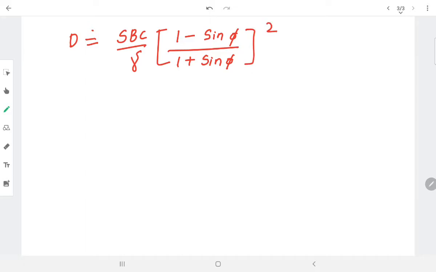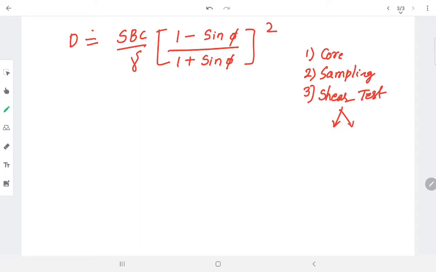squared. You might have heard that before finding the SBC, you need to conduct some tests: core cutter or sampling of soil. Later we'll go for the shear test on soil, where you'll get two values, C and phi.